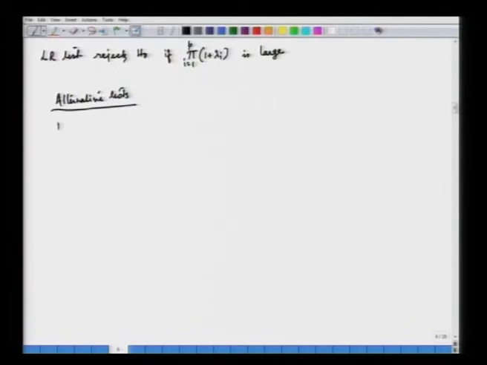The first one says that you reject H naught if the sum of lambda i, which is nothing but the trace of the B W inverse matrix, i from 1 to p, that is the dimension of the data, is large, because this is the trace. This is due to Lawley and Hotelling. This is called the Lawley-Hotelling trace test.